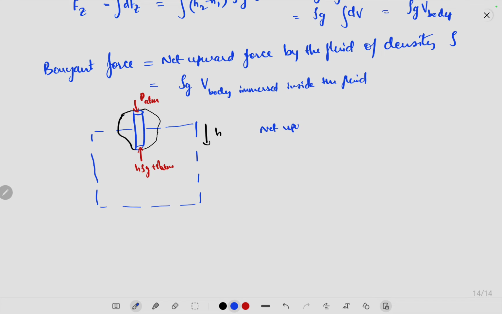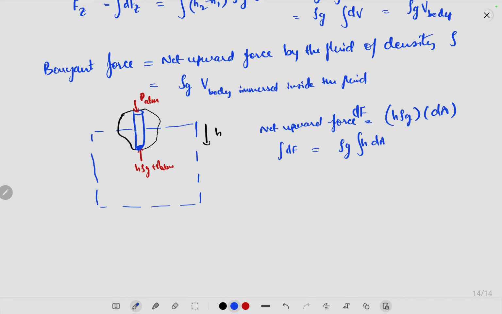Net upward force would be simply h rho g times dA, where dA is the area of this part. Now this net upward force on this elemental volume is dF. To find the total upward force, we'll simply integrate dF, which would be rho g times the integral of h dA.